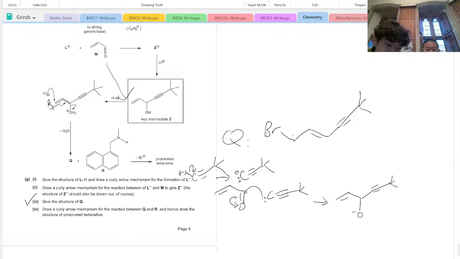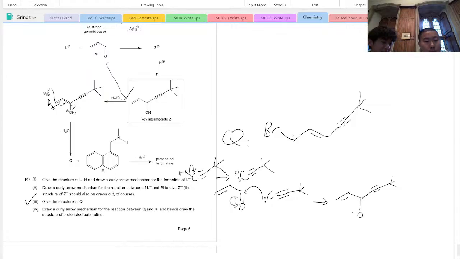Yeah. Okay. Draw a curly arrow mechanism for the reaction between Q and R, and hence draw the structure of protonated terbinafine. Okay, this actually seems a bit hard. Well, we know Q is that, and we know R is that. So obviously something goes on with the N, right?